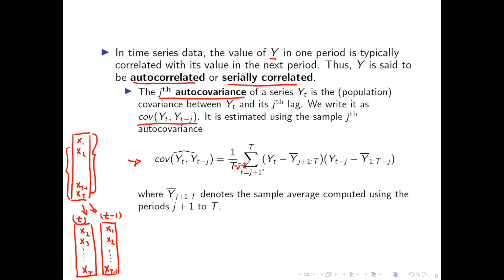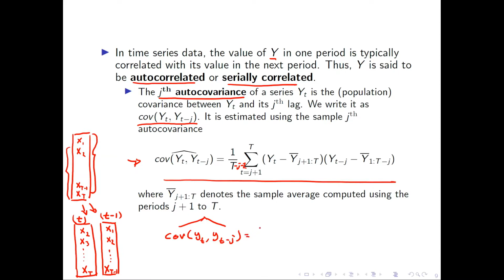And what you can do to understand these equations is just to make yourself an example. So here you have the covariance between yt and its jth lag, and you get the sample covariance, right?